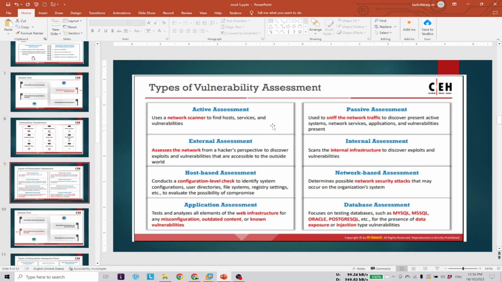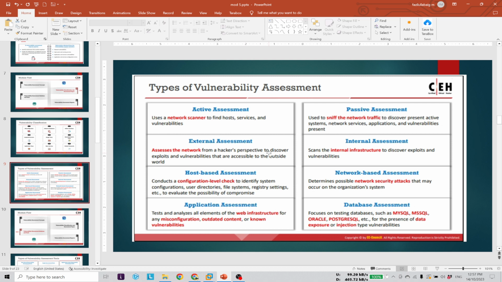And what is external assessment? As I told you before, an exploit can be run locally and remotely, and it is the same thing here.